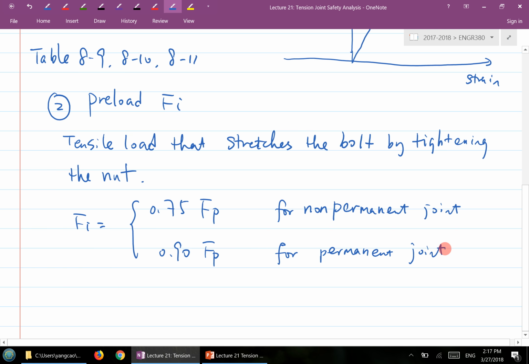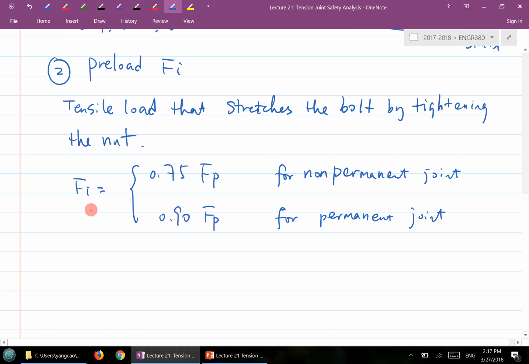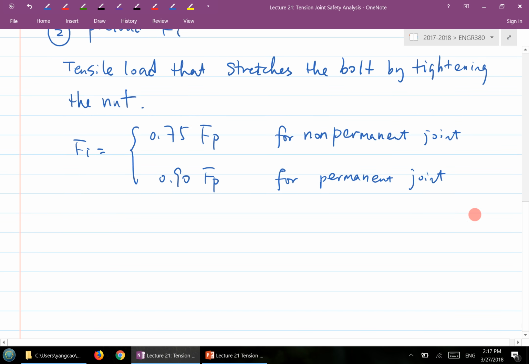So this is the guideline for applying the proof load here. But of course, how do I know that I have appropriate preload applied here?